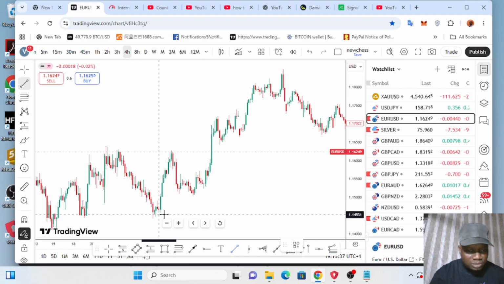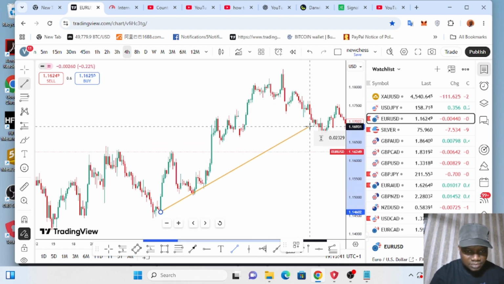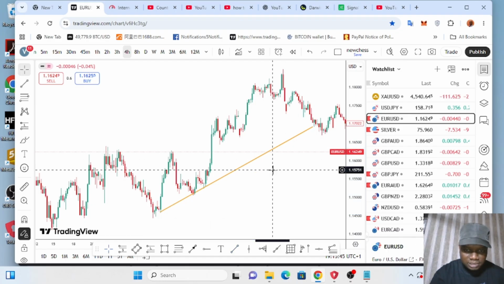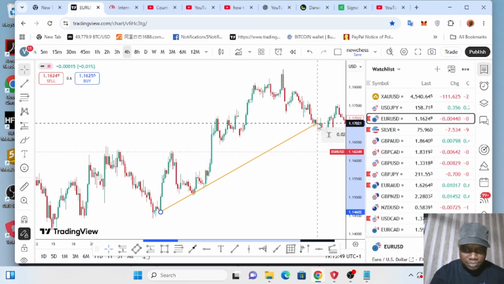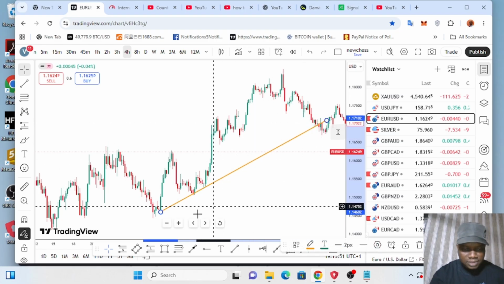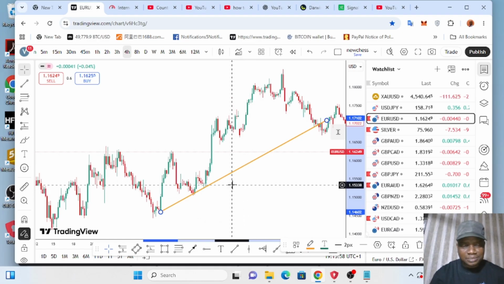If you draw a trend line like this, to you it looks so nice, isn't it? Let's say this is the current market price. If you draw the trend line like this, one will not go far in this trading journey.